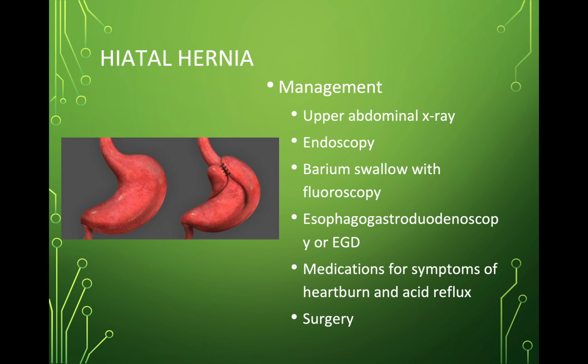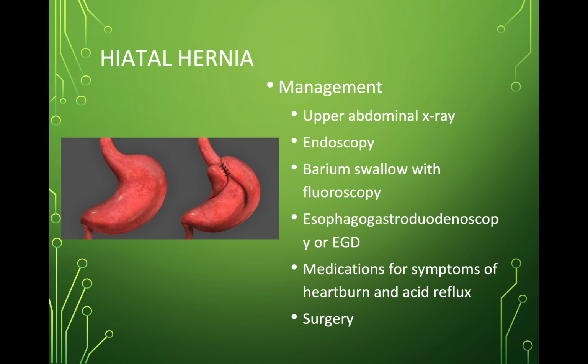Oftentimes, patients don't even know that they have a hiatal hernia. They've probably just been getting treated for GERD until they get some sort of test like an endoscopy, like routine screening or persistent symptoms, and then the provider can actually visualize that the stomach is not completely where it's supposed to be, and they're like, oh, you have a hiatal hernia.